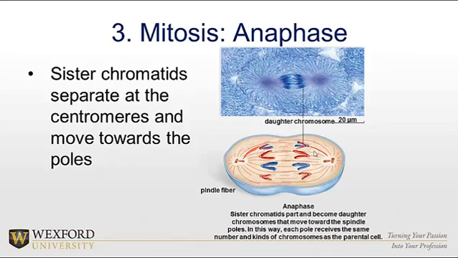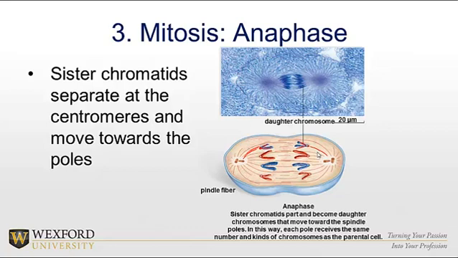Well, now what's going to happen is those spindle fibers are going to pull them apart. They're going to pull them apart so sister chromatids separate and become daughter chromosomes. So at this point in time, technically, if we really wanted to count it up, we'd actually have even more than the diploid.